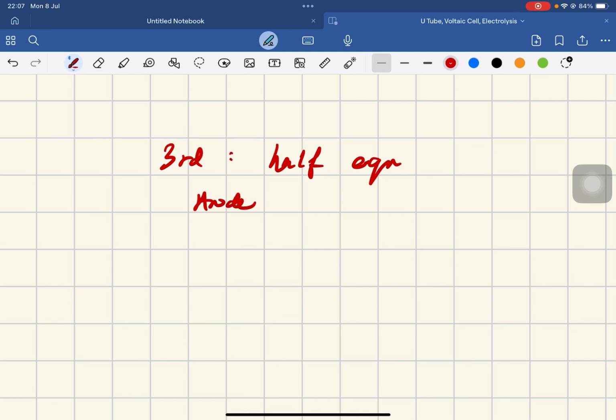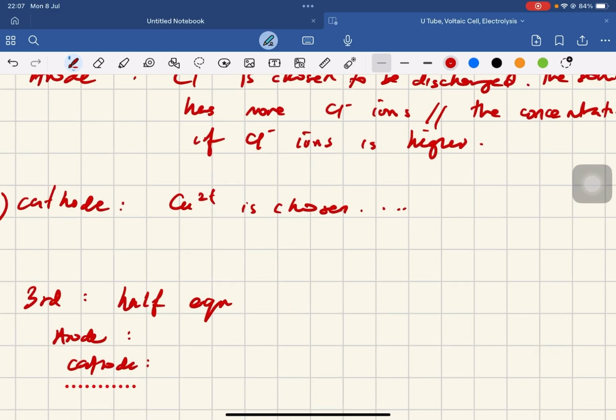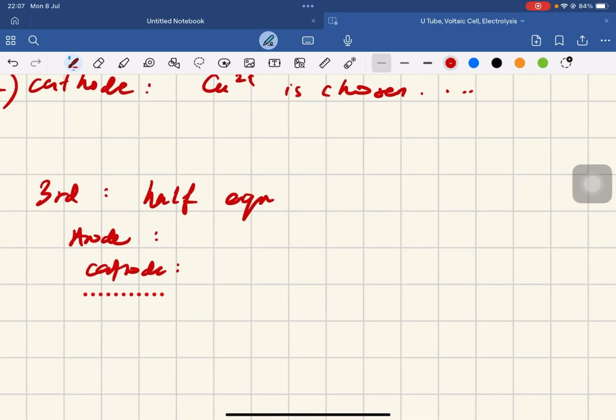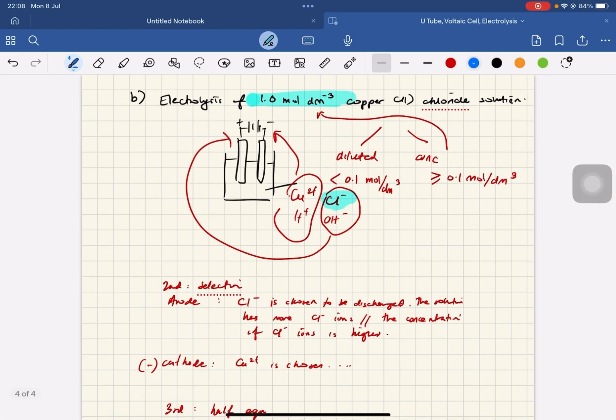Alright, now also divide into 2 parts, anode and cathode. Okay, at anode, siapa tadi? Anode Cl. Kalau kita faham the movement of ion for electrolytic cell is positive to negative terminal, meaning from anode to cathode, correct?